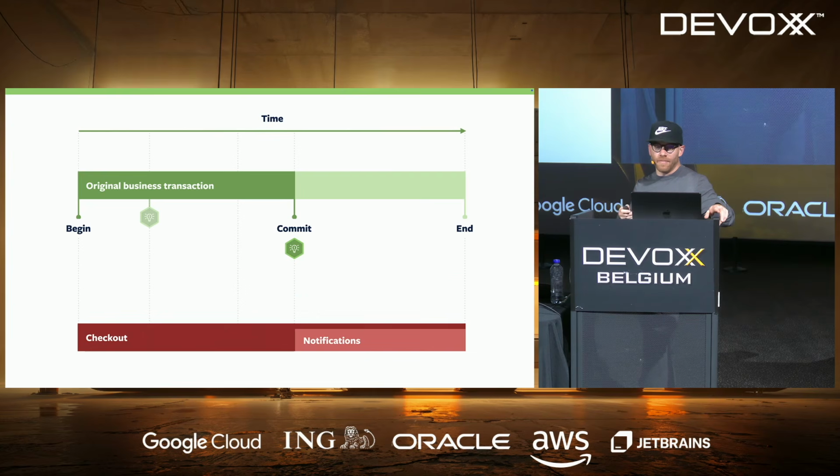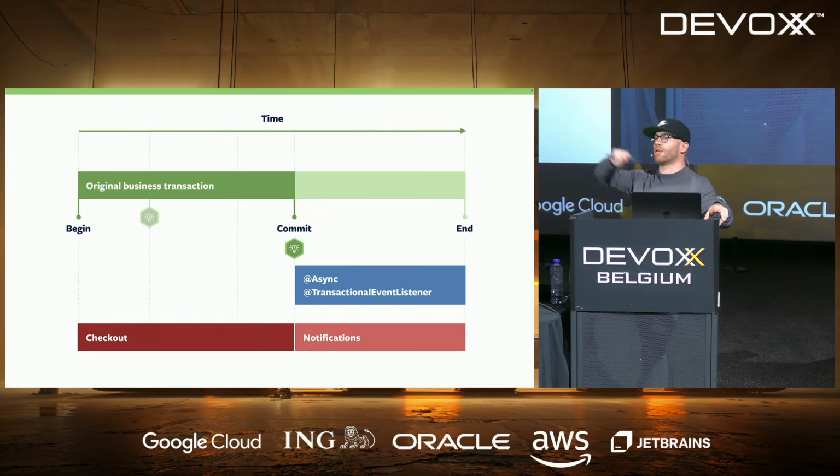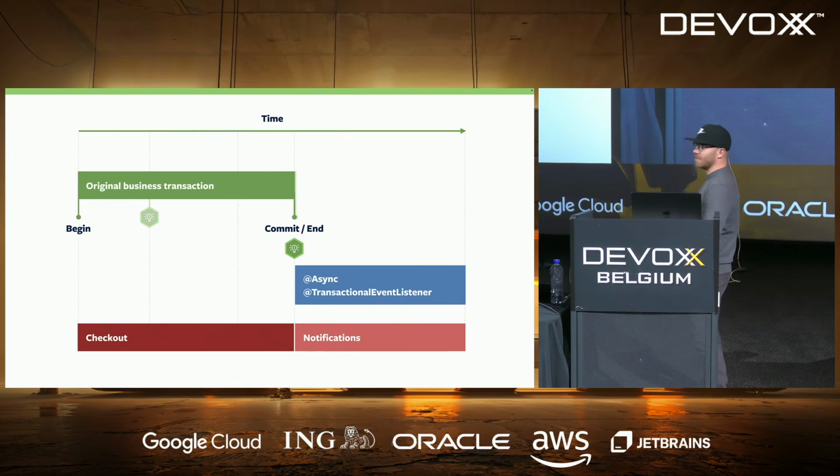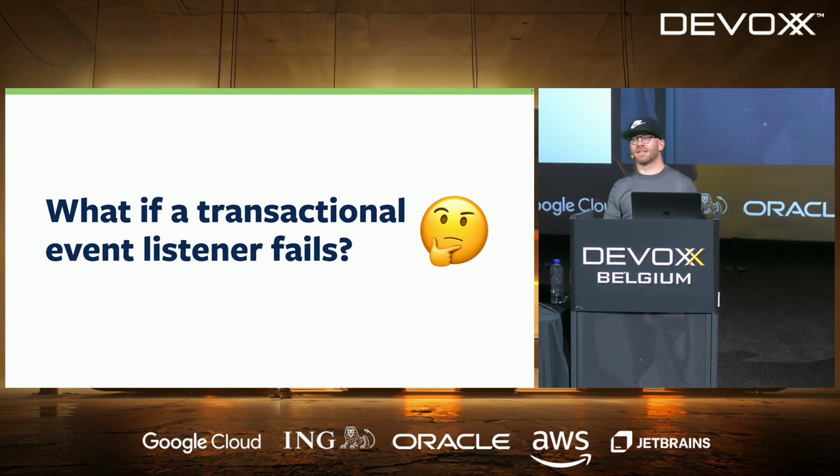That's why we have the async transactional event listener. We create a new consistency scope as a sibling of the checkout one, and we can close the database connection much earlier, right? So that helps with that. Another problem solved, another problem created, right? Because what if that thing fails?